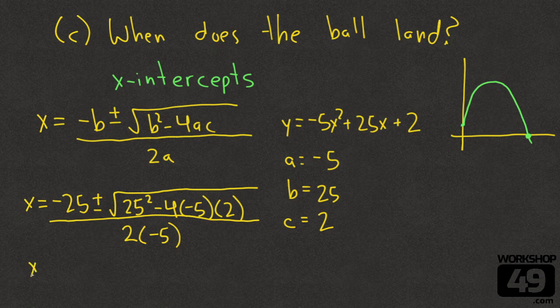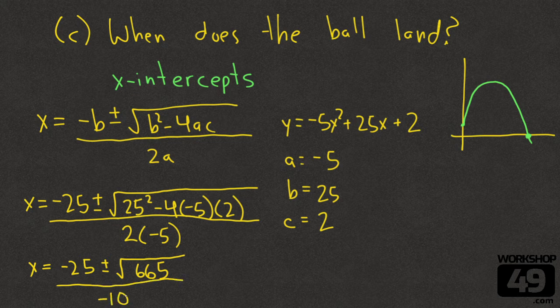So we end up with x equals negative 25 plus or minus, I chug out all of this underneath the square root, and you're going to get 665 all over negative 10.